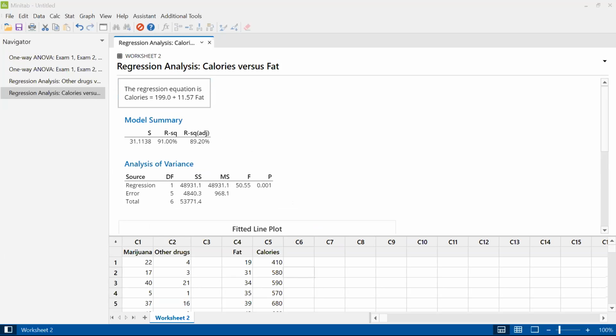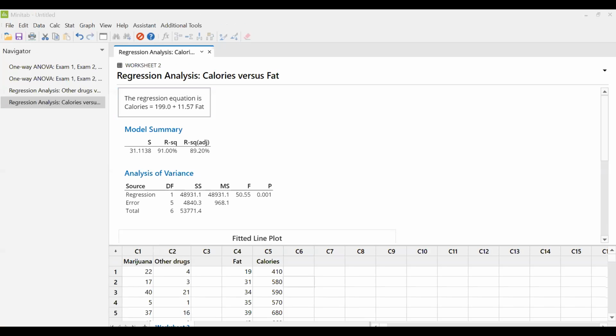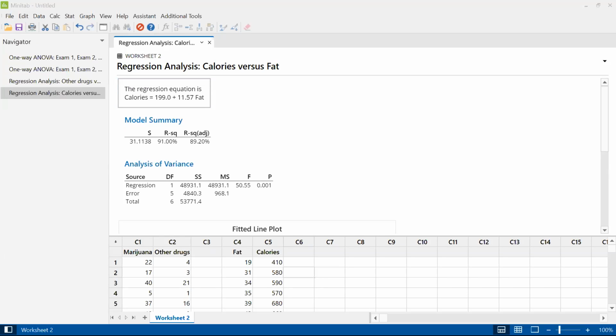So calories equals 199 plus 11.57 times the fat number. Okay, and that's everything I want for Minitab.